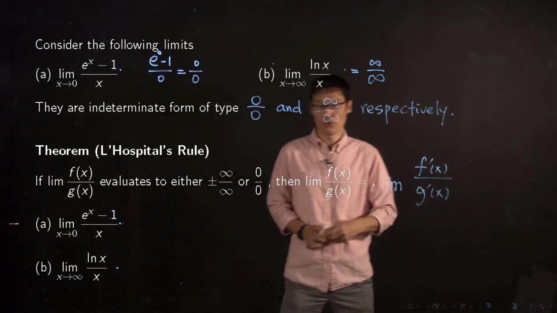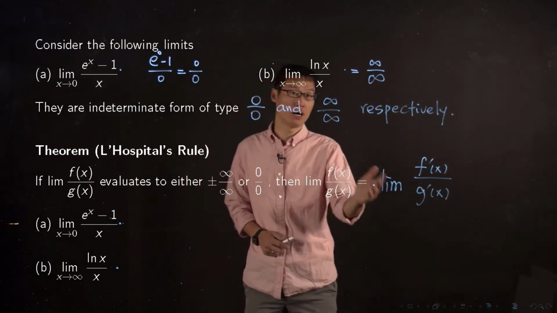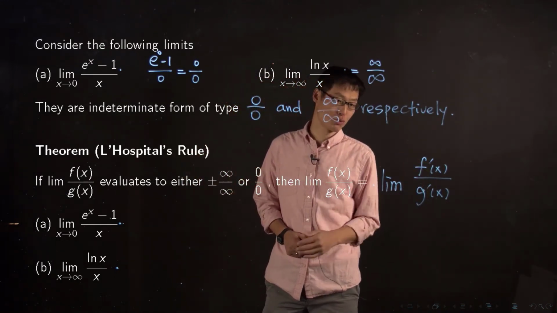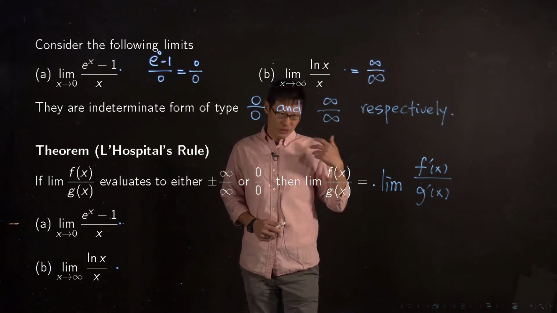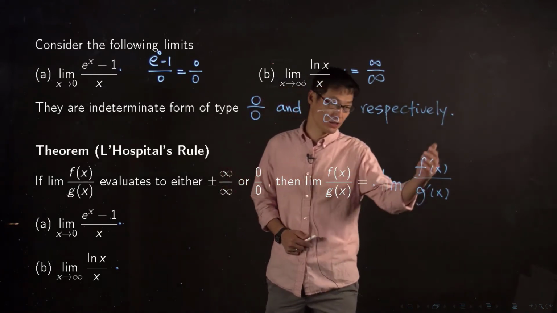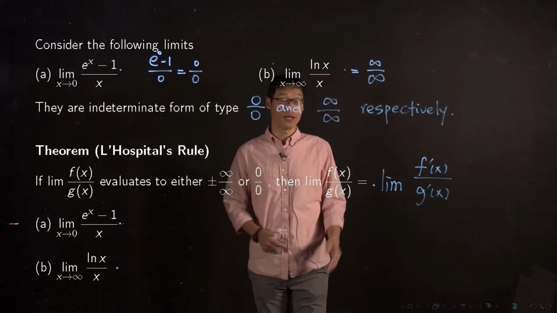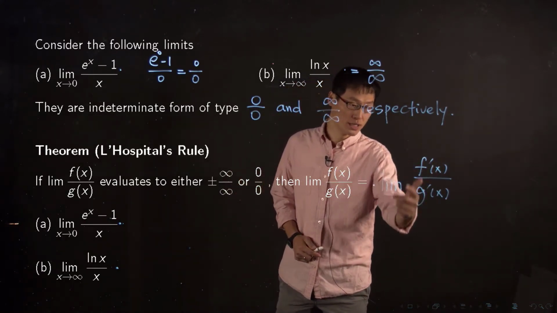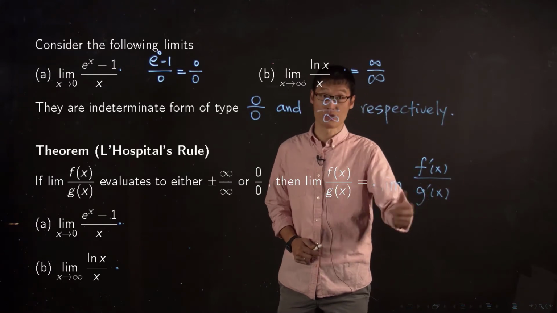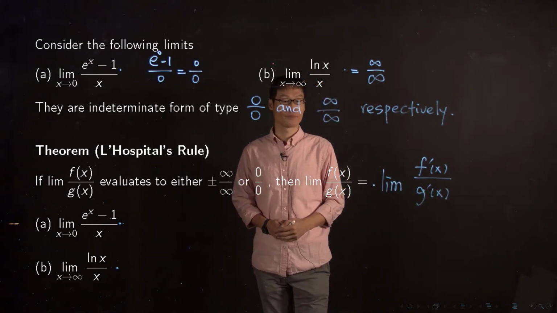What we expect is that when we take derivatives, those functions become simpler, and then eventually we want to simplify or reduce this expression and find the limit.